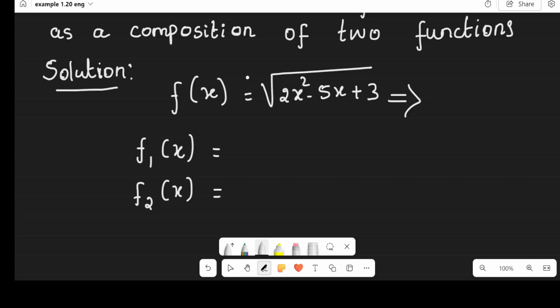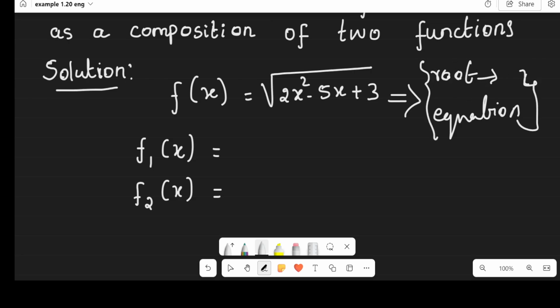So here we have one root function, finding the square root. This is one type of function, and this expression, equation also, is one type of function. These are two functions.